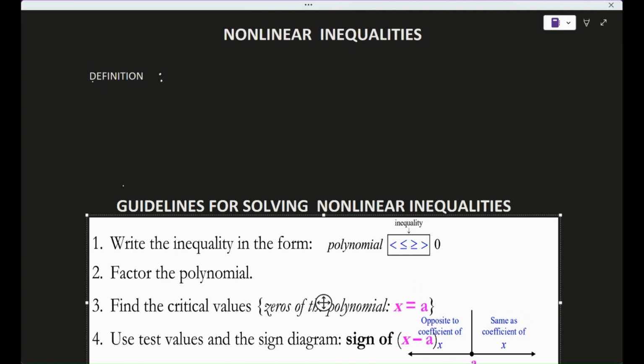So, these are inequalities that involve squares or higher powers.